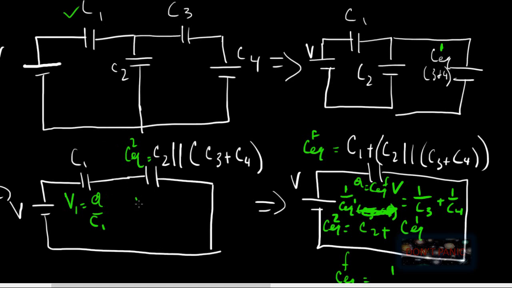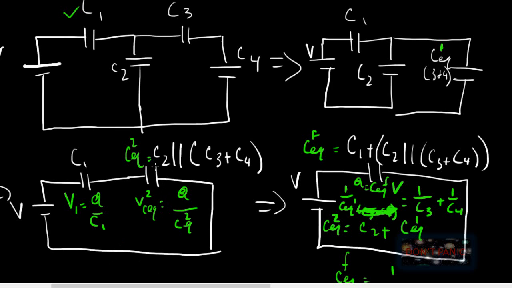We know that the voltage across the second equivalent capacitance is going to be Q over the second equivalent capacitance. Okay, so this gives us the voltage across this equivalent capacitance.